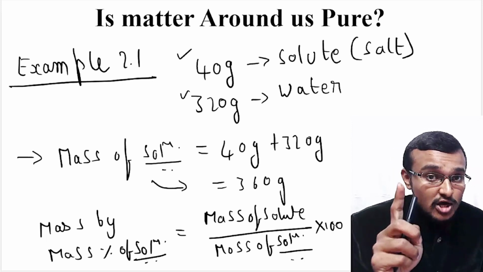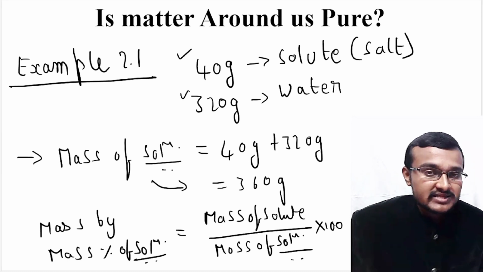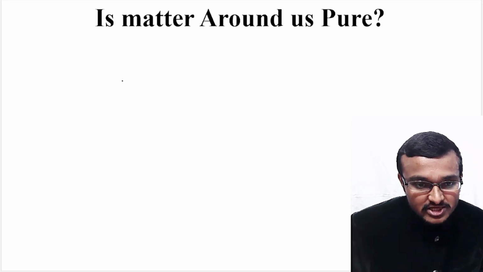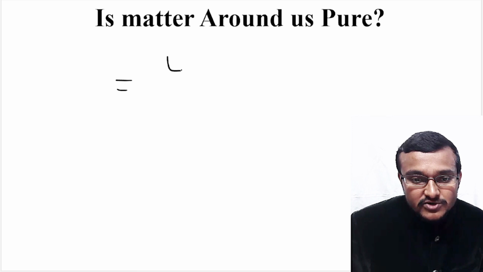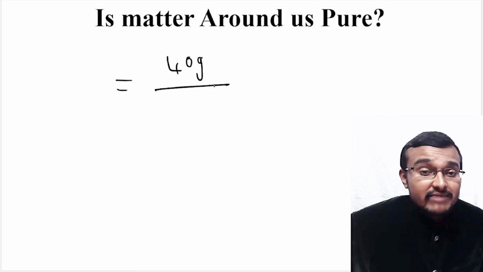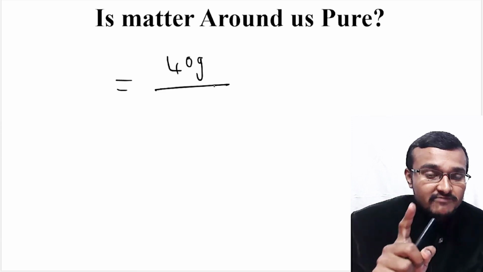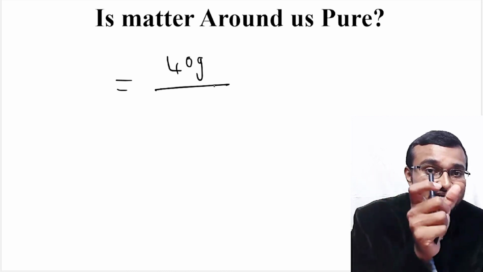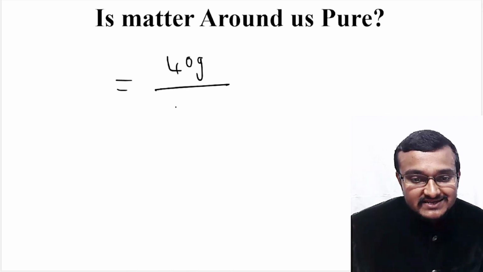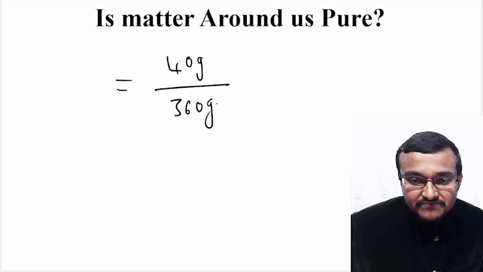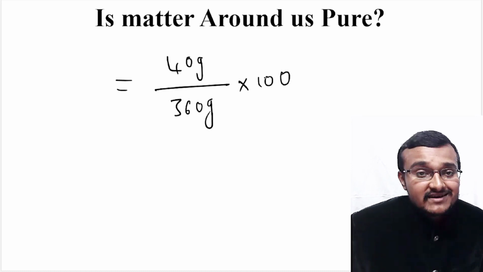Not mass of solvent, mass of solution should be in the denominator. So in the numerator you take mass of solute, 40 gram, divided by mass of solution, not mass of solvent. What is the mass of solution? That is 40 plus 320, that is 360. So 360 gram into 100, because you are calculating percentage.